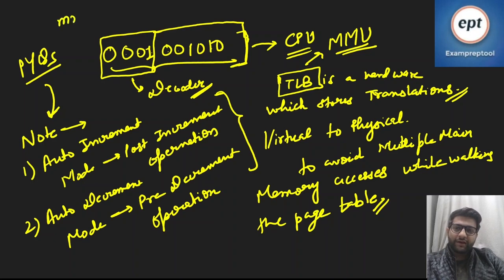Also, if it is written anywhere that a particular CPU follows mnemonic addressing mode, this means that it is following an implied addressing mode. This is another name for implied addressing mode.